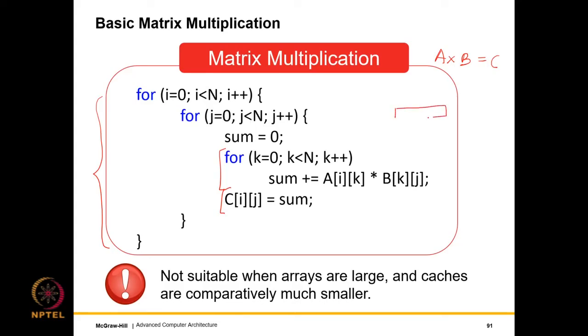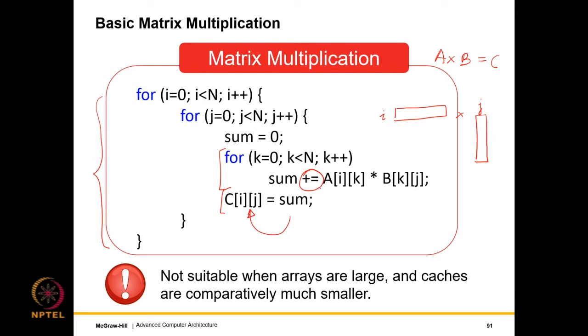So what we do in a matrix multiply step is we take a row, multiply it with the corresponding column. So we take the ith row here, multiply it with the jth column. It's a pairwise multiplication and addition. That's the reason we have the plus equal to over here. And finally, after the pairwise multiplications and additions, the final sum is stored over here.